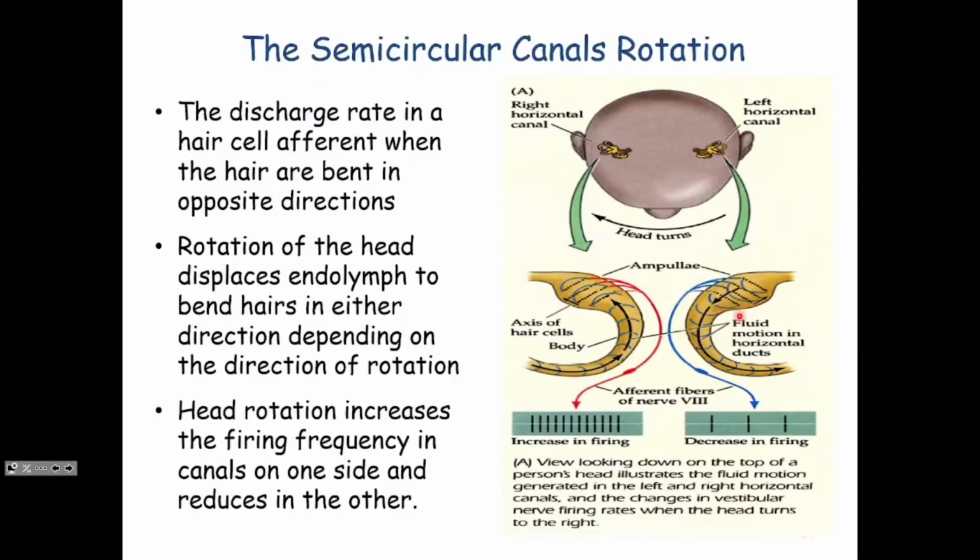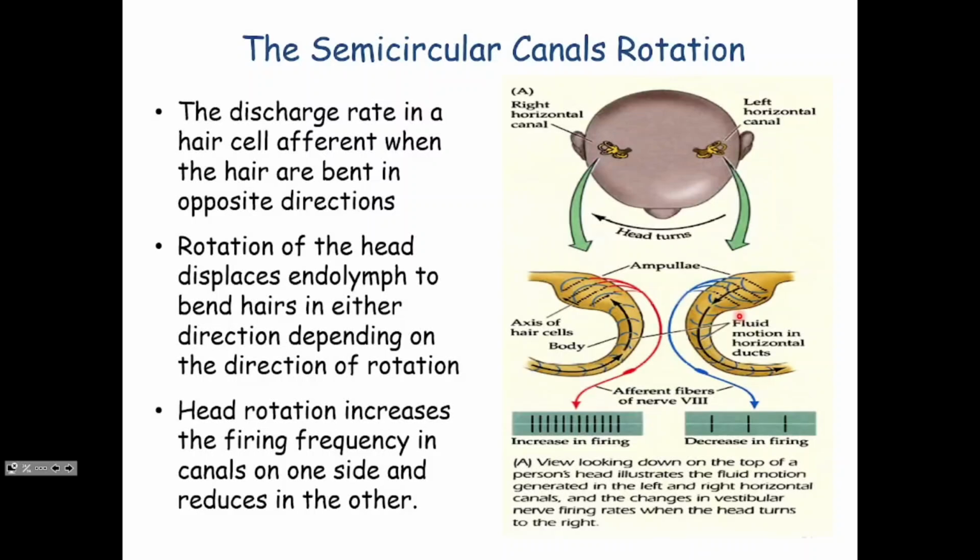You have to find which superior and which posterior are in the same axis. So this one would get activated, the other posterior would be inhibited. That would tell you if it is moving forward or backward. Okay, very, very technical things. So it's interesting, but if you understand it, it's fun.